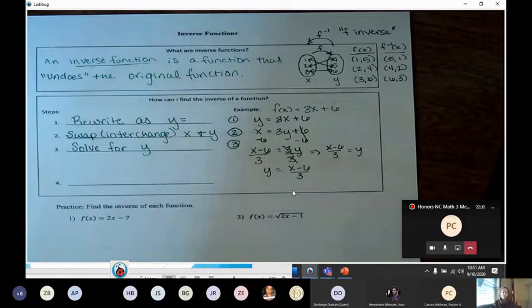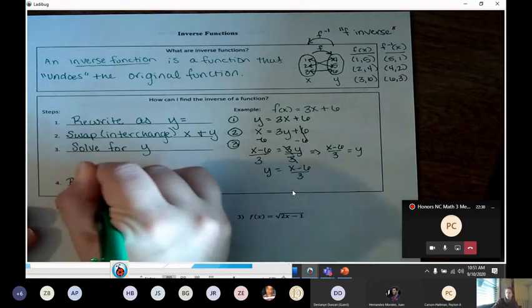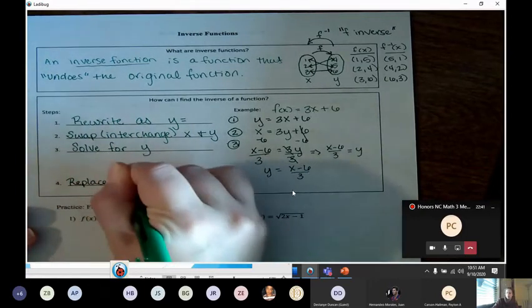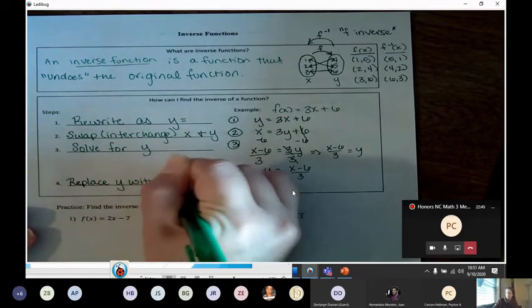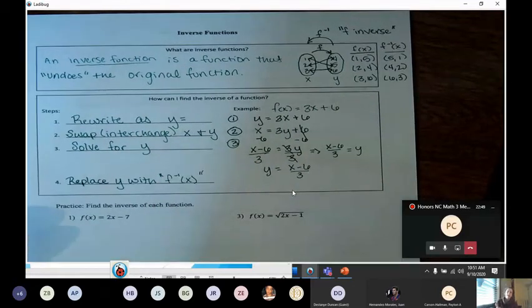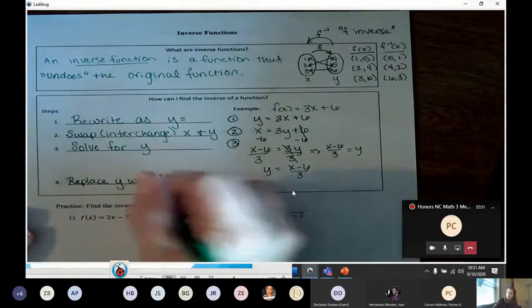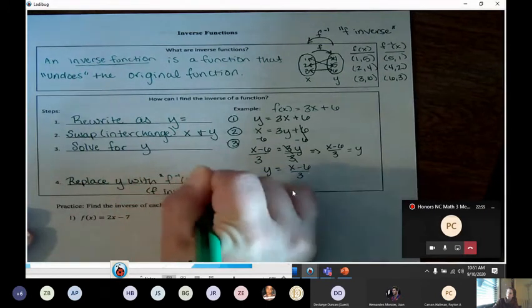We've completed step 3. The last step is to replace y with f inverse of x. And remember, we don't call this f negative 1 of x. This is f inverse of x.